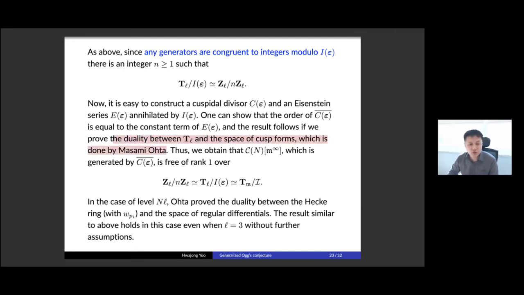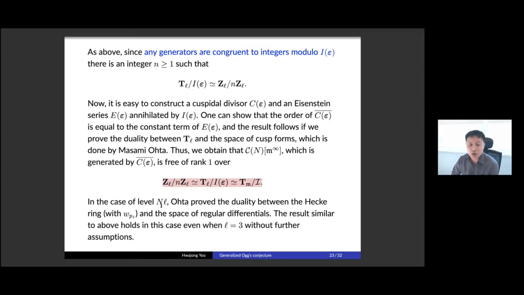This new duality is proved by Masami Ohta, and therefore there is no cusp form in characteristic L whose q-expansion is constant. So you get that this constant term is divisible by the index. And this constant term, in fact, equals the order. And so you get that this module is free of rank 1 over this ring. So this is basically the proof of Ohta.